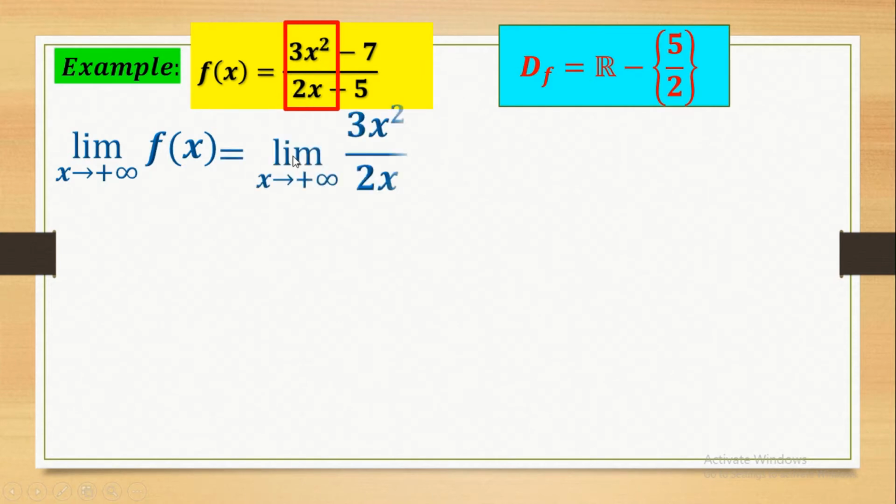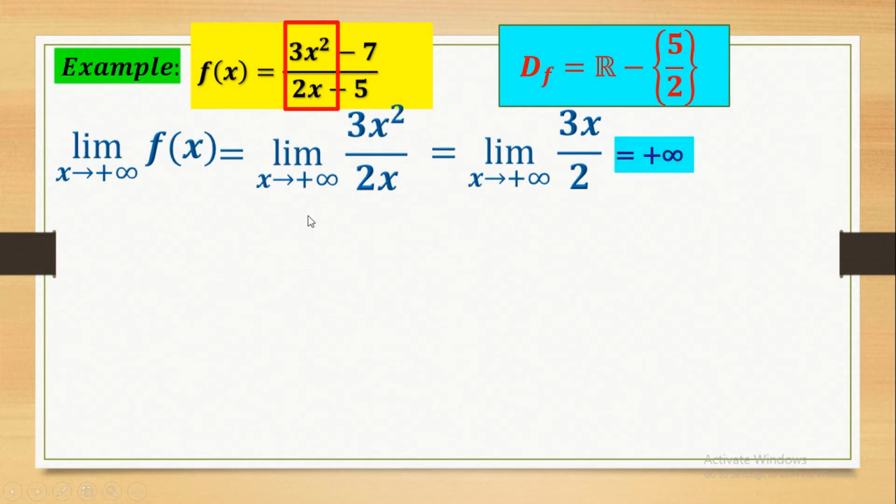So it's equal to limit at plus infinity for 3x squared over 2x. Note that here we can simplify x squared over x, it's x. So it's equal to limit at plus infinity for 3x over 2. Here x tends to plus infinity, then 3x over 2 sure will tend to plus infinity.